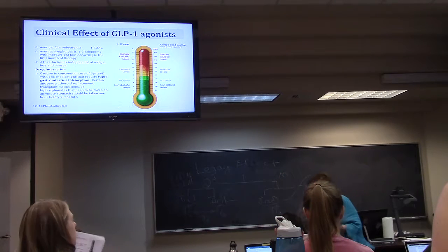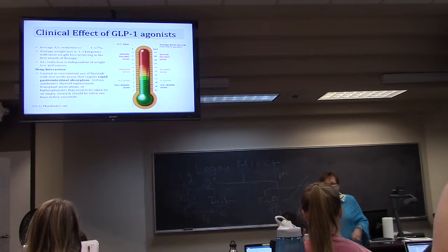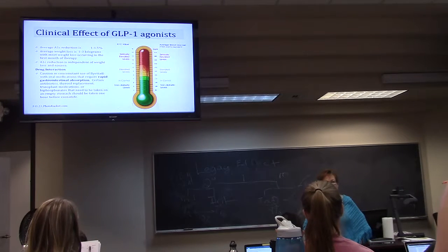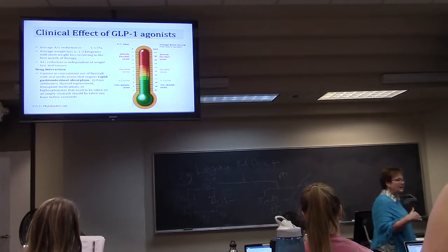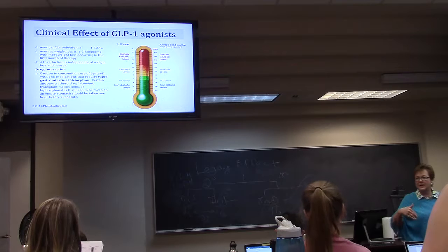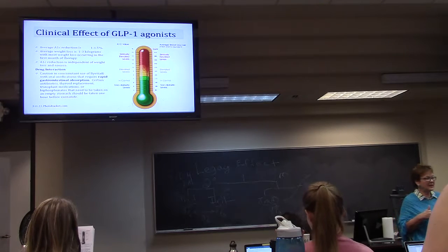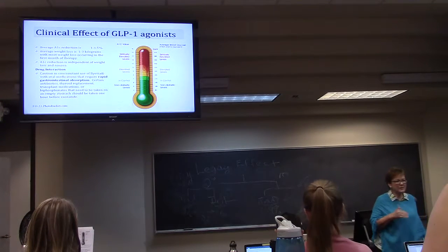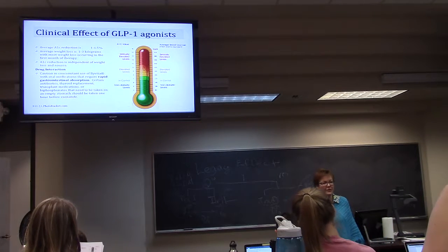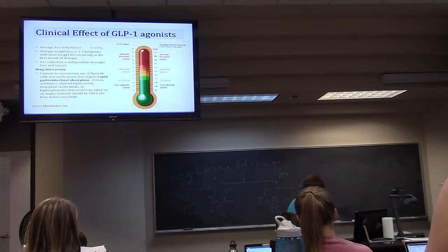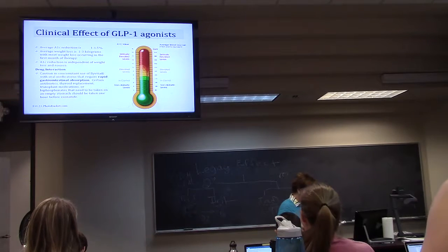So if you look on that chart, it shows you which of them have been approved to be used with the basal insulin. I have found that to be a very powerful combination. It's not approved to add bolus insulin on top of it. I've seen people do it, but the risk of hypoglycemia goes way up. So be very careful on those if you're in a situation to prescribe it.